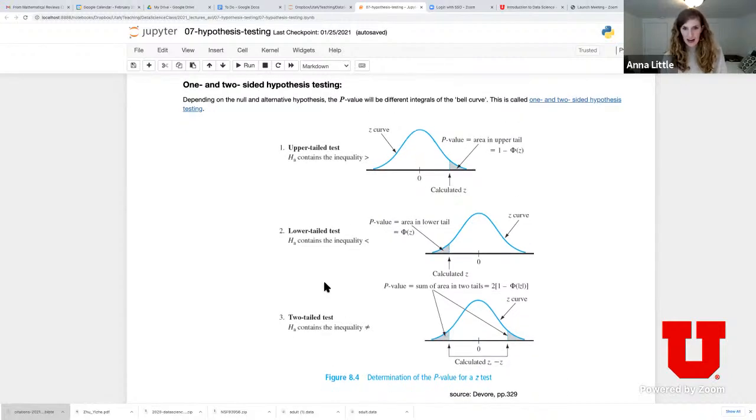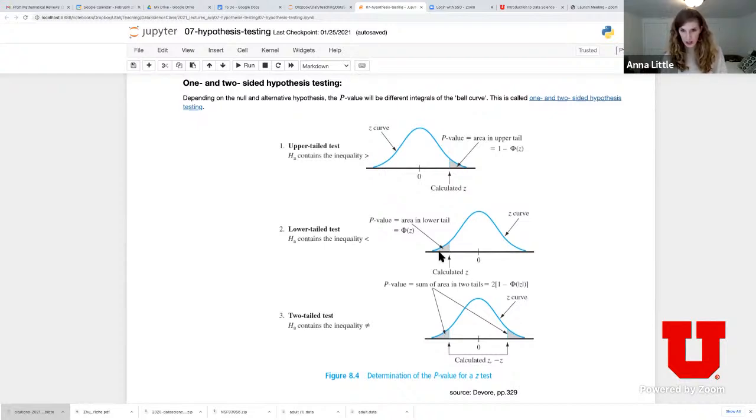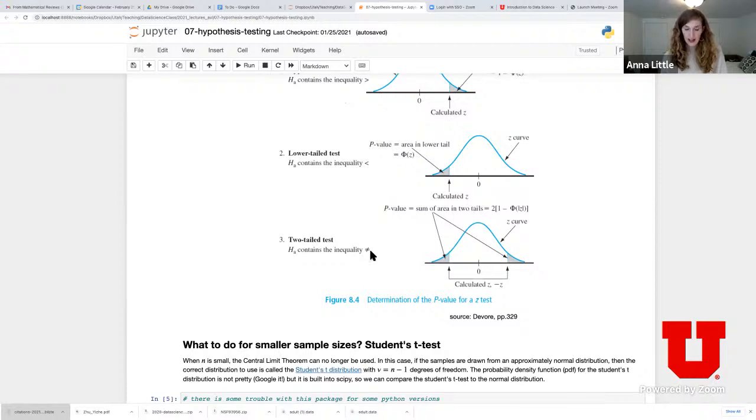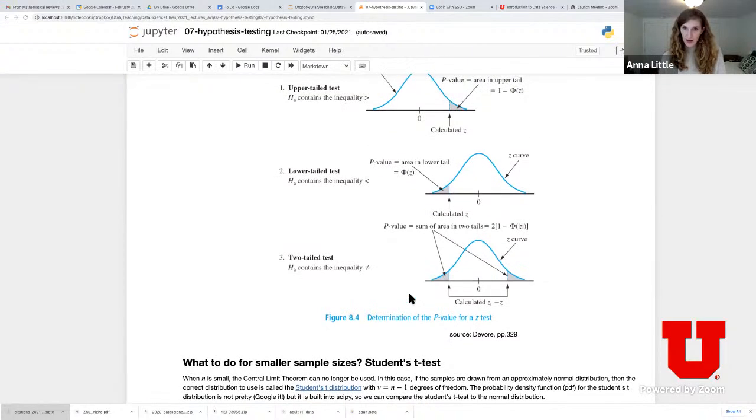On the other hand, if you have a less than in your alternate, you're calculating the area in the left tail of the distribution. And if you have a 2-sided test, you have a not equals in your alternate, then you're calculating the area on both sides of the tails.